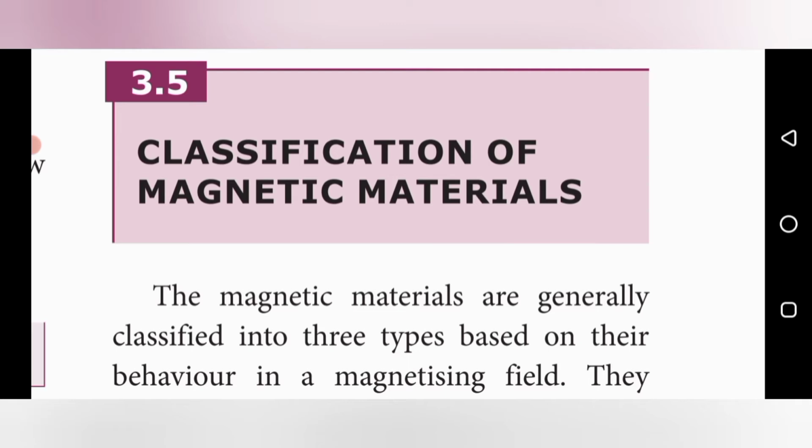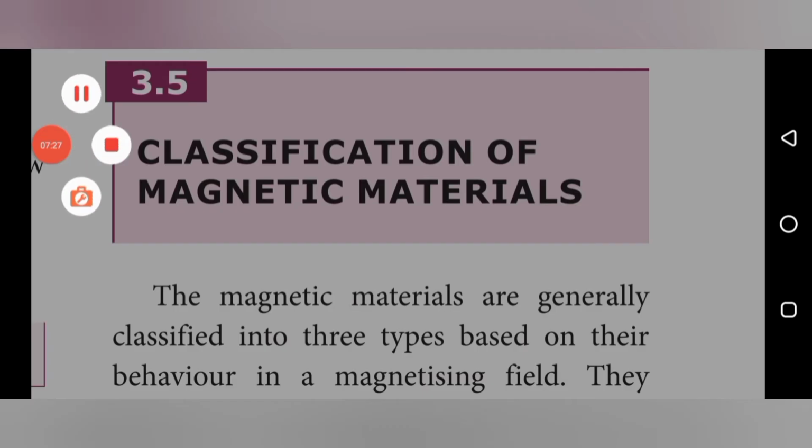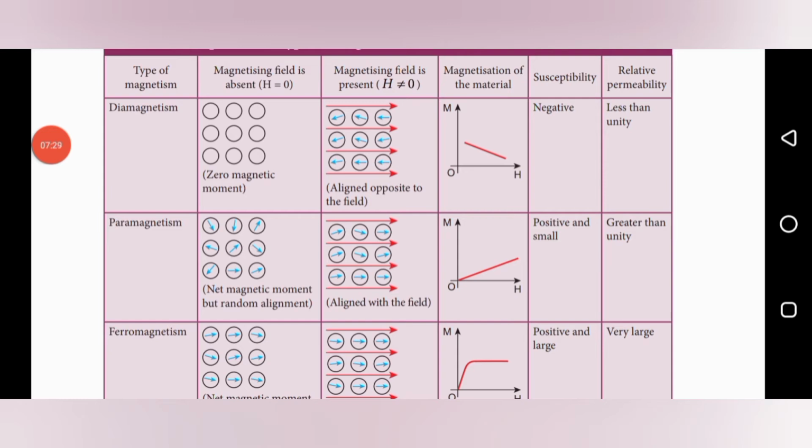It is better to explain in a tabular column. See this tabular column. The top row shows the types of magnetism. Second, magnetizing field is absent, that is H is equal to 0, so we are not applying a magnetizing field to that material. Next, magnetizing field is present, so H is not equal to 0, we apply the magnetic field.